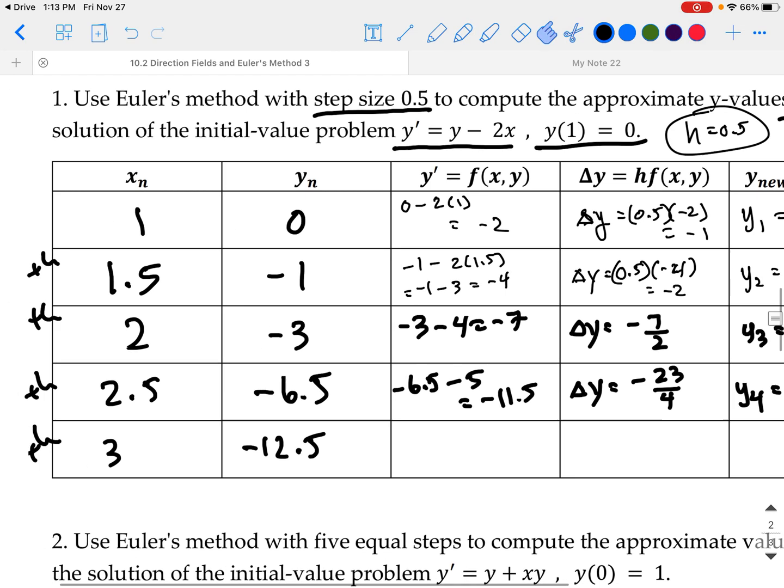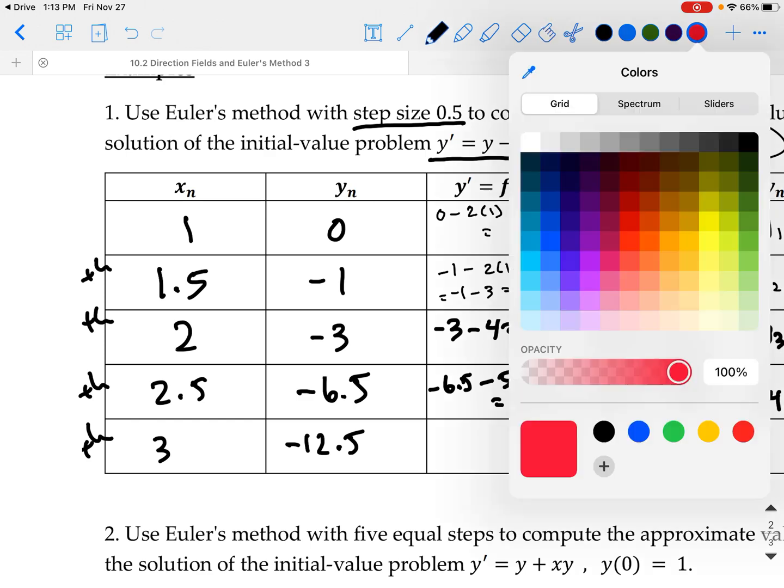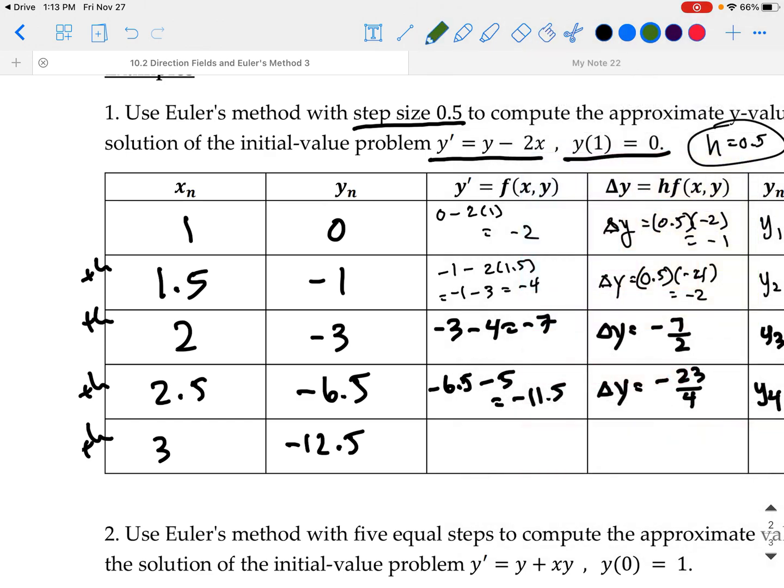All right, so we'll just note here what we've done is, we've got our x naught, y naught that we started with. So our curve is definitely going to pass through the coordinate 1, 0.